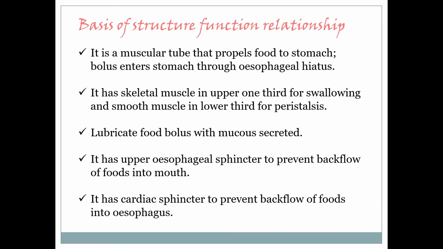So when we talk about the basis of structure function relationship, it is a muscular tube and it has two muscle layers in the muscularis propria with inner circular and outer longitudinal layer. And those muscles are smooth muscles. And this muscle layer can propel food to stomach.